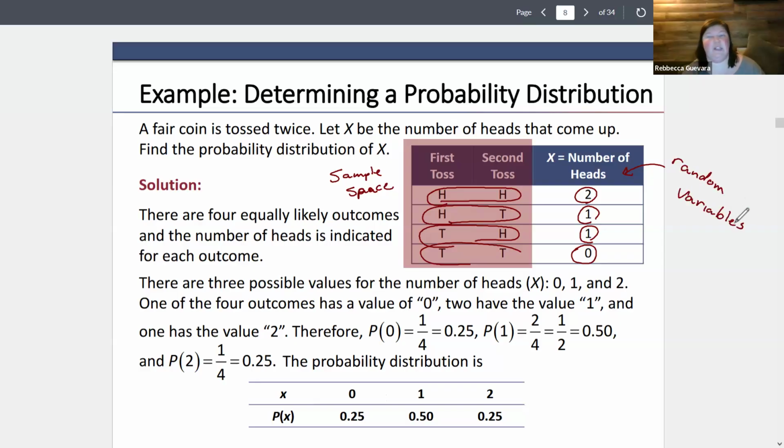The possible values that my experiment can take is 0 heads, 1 head, or 2 heads. What we want to mark off here is the number of heads. That's my discrete random variable. It's going to be discrete because my choices are, like I said, whole numbers.